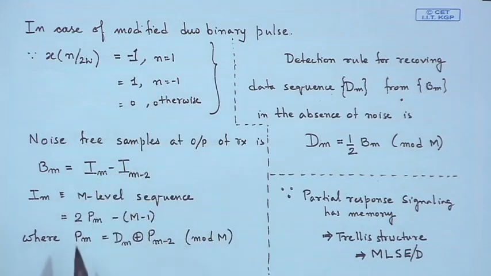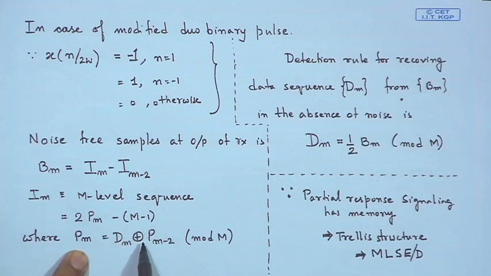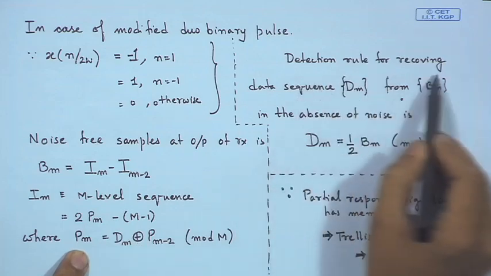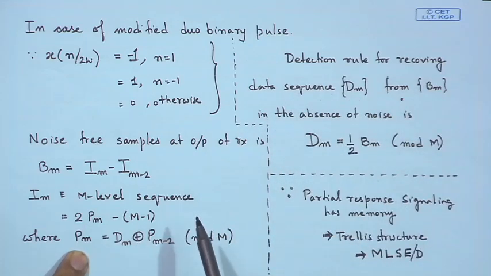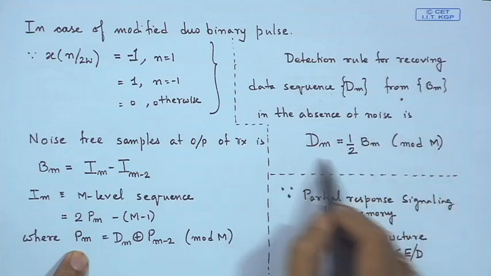So, we had a plus earlier. So, I m would be the m level sequence. So, in general it looks like p m minus m minus 1, and p m is this one, which was earlier a modulo 2 subtraction, here it is modulo 2 addition, and the detection rule for recovering the data sequence would be, in absence of noise, is of course this.